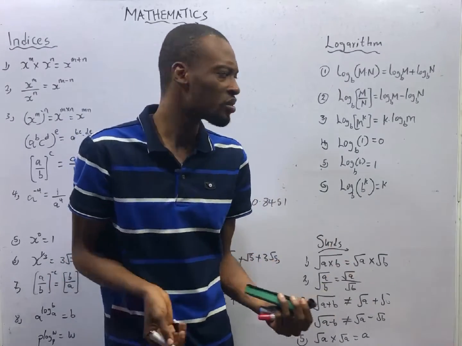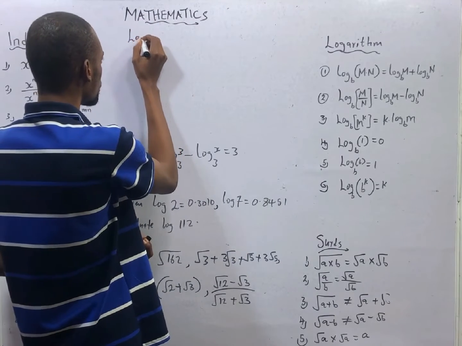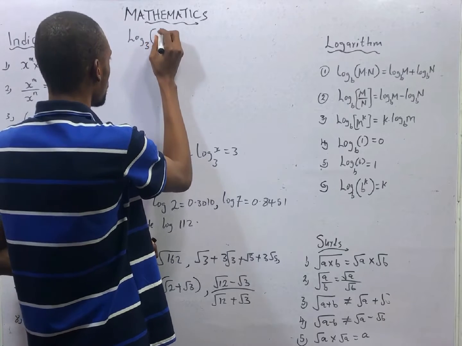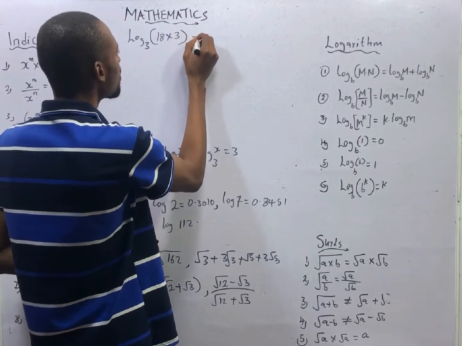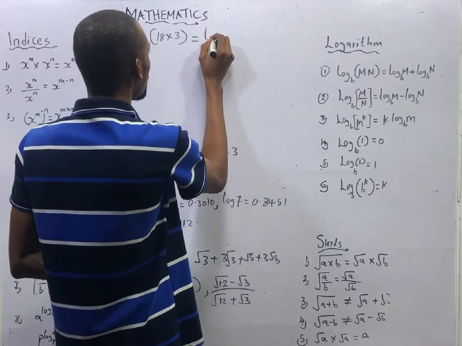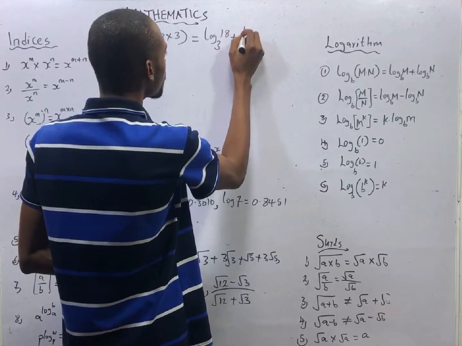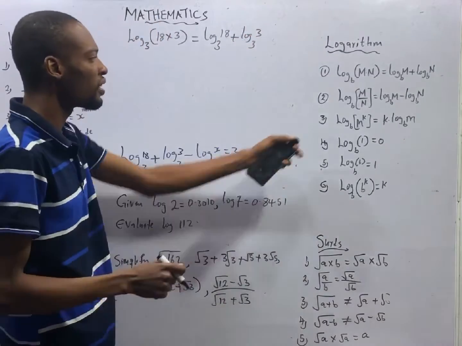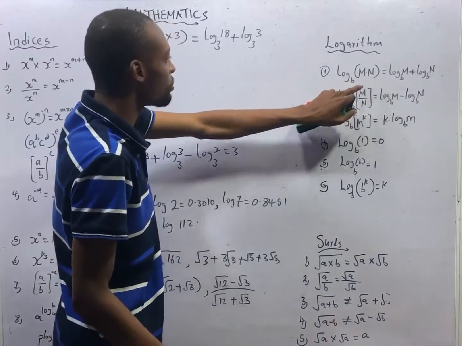In the forward direction, you know that if I give you log 3 of 18 times 3, this is the same thing as log 3 18 plus log 3 3. From the first law, log m times n to base b.